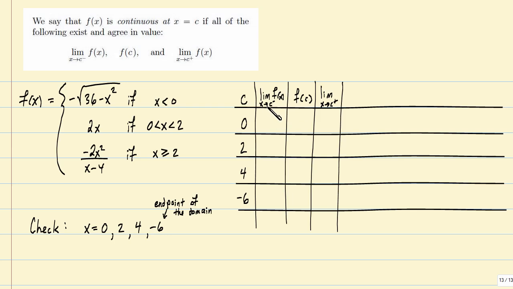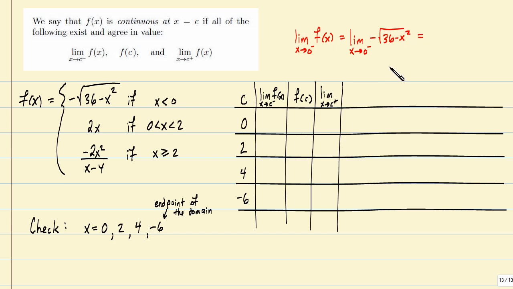What's the limit as x approaches 0 from the left of our original function? Of course, for this limit we're talking about x values that are very close to 0, just left of it, so just negative. Which of these three pieces applies in that situation? It would be the first piece, right? So we can rewrite this as the limit as x approaches 0 from the left of the negative square root of 36 minus x squared.